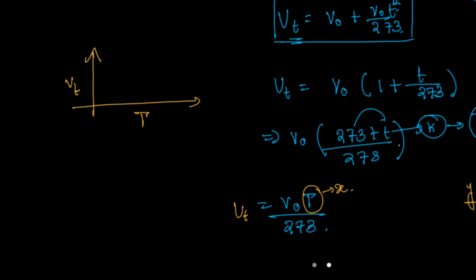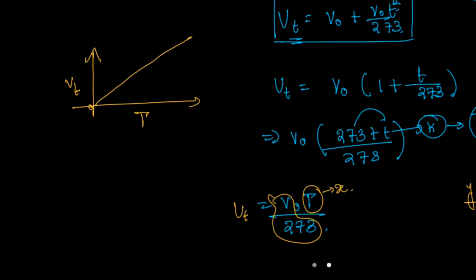What is there with x over here is V0 by 273. So V0 by 273 is the slope, so it would be a straight line. The intercept was 0, I have already started from 0. So when Kelvin scale, it looks like this.